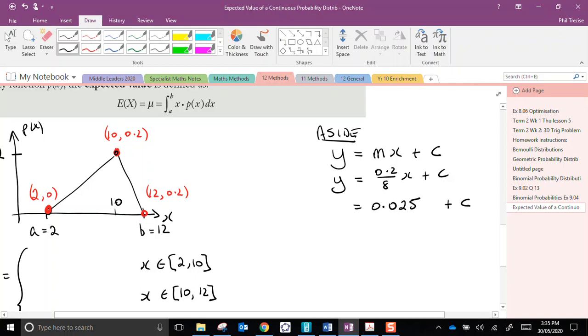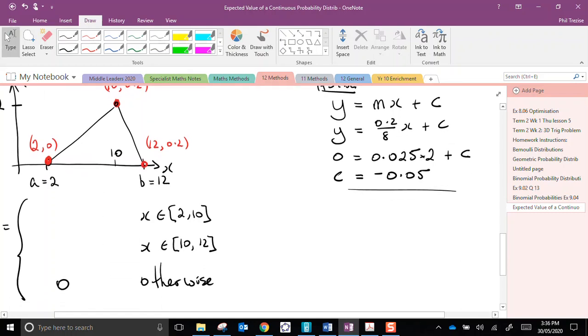Now I really need to calculate c, so I will substitute an appropriate x and y value. It's always easier to choose the one where y is 0. And x in this case was 2. 2 times that would be 0.05. C then is negative 0.05. That's my first equation.